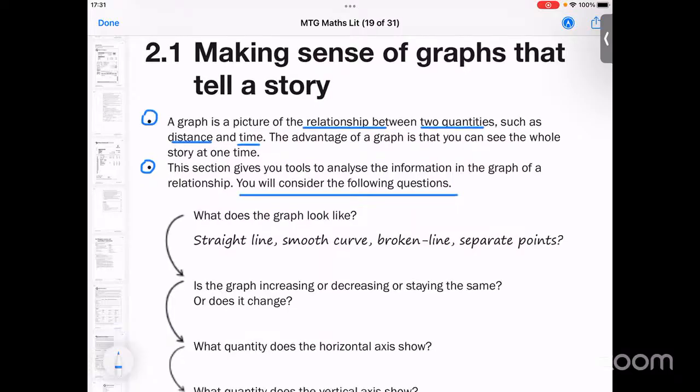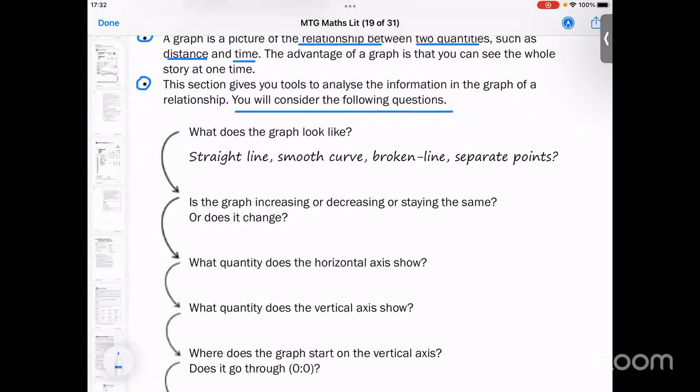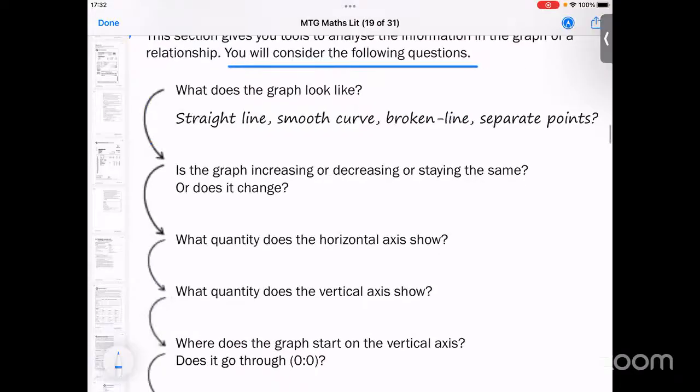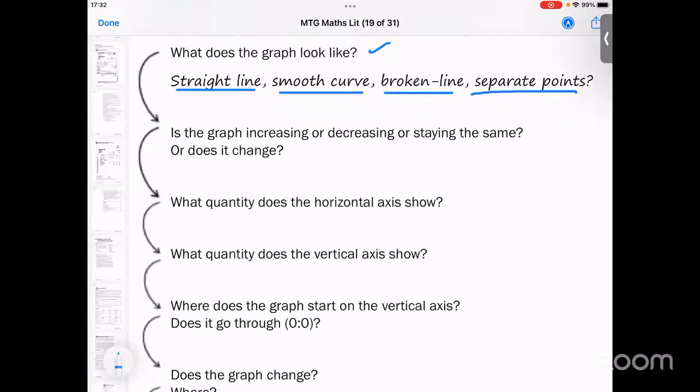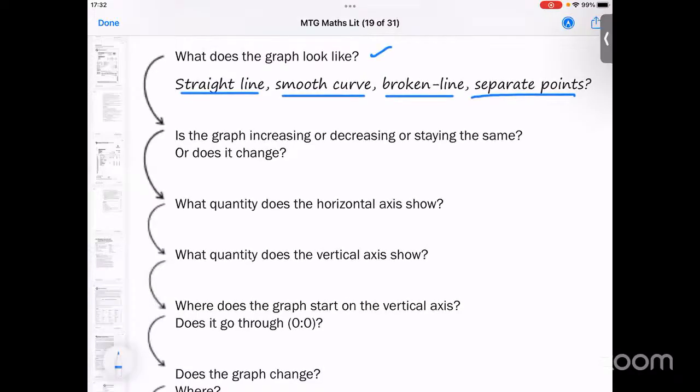You can see we have things which end with question marks. What does the graph look like? Straight line, smooth curve, broken line, separated points. These are some of the questions that you might be asking yourself. Definitely, you might also be asked such questions, and as we continue we will see how those questions are asked or how you should ask yourself the questions.